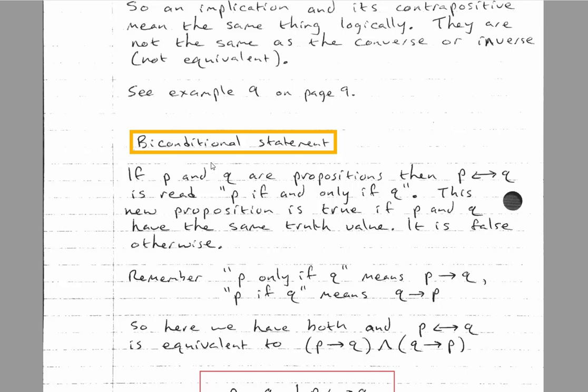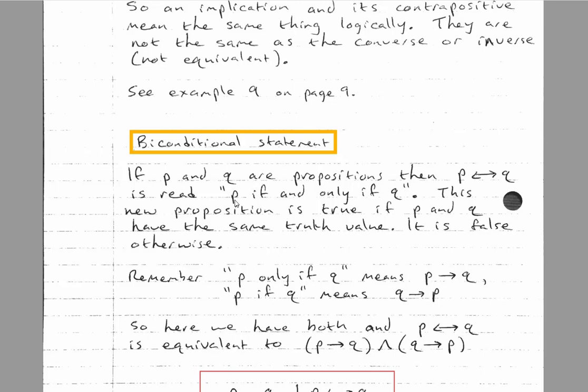Okay, so our last operation is the biconditional statement. So what's that definition? P and Q propositions. Then here we have a P and a Q with an arrow going both ways.